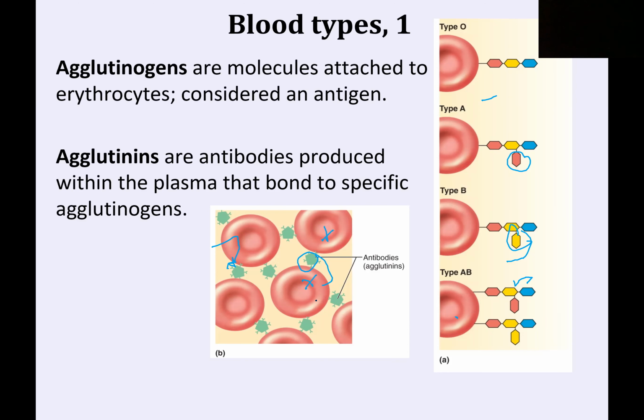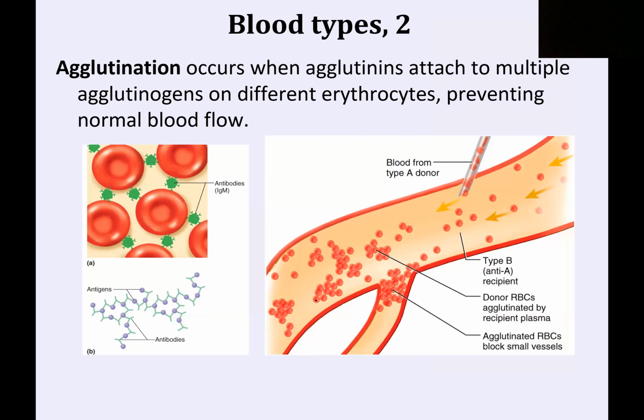So it hooks the erythrocytes together. That process is called agglutination, where the antibodies are going to stick the erythrocytes together. So different pieces extending, and what happens is you get a clump that can block blood flow.